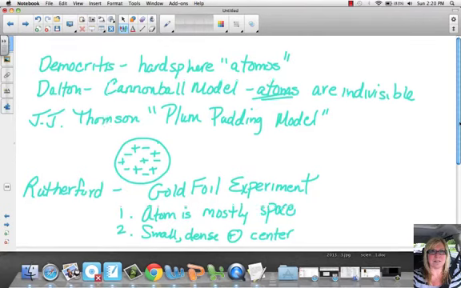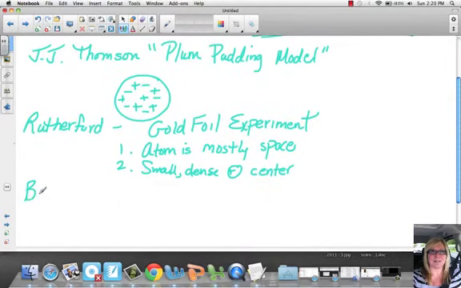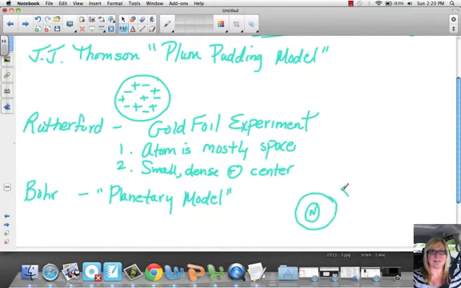After Rutherford, we had Niels Bohr. That's also referred to as the planetary model, in which he said that electrons orbit, if this is the nucleus, in distinct paths.